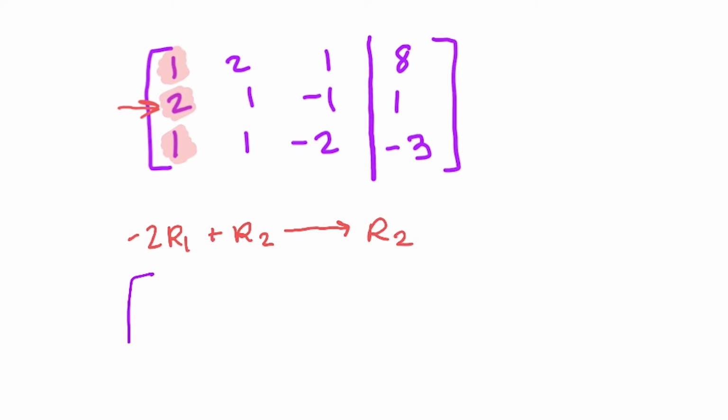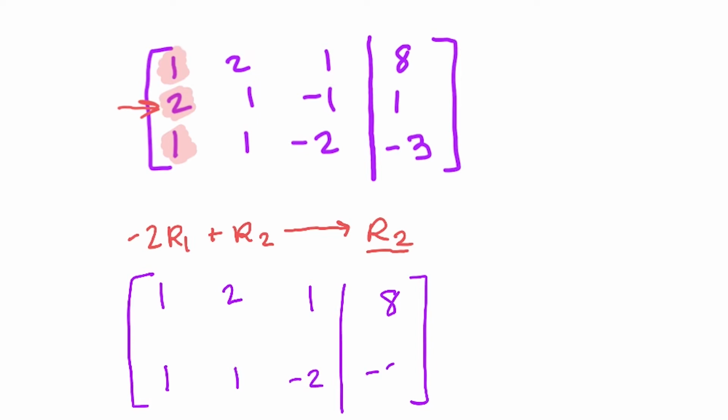So that means that in my new matrix, row 1 and row 3 are not changing. It is just row 2 that is changing. So this will still say 1, 2, 1, 8. Row 3 is still 1, 1, negative 2, negative 3. If I take row 1 and multiply it by negative 2, that gives me negative 2, negative 4, negative 2, negative 16.